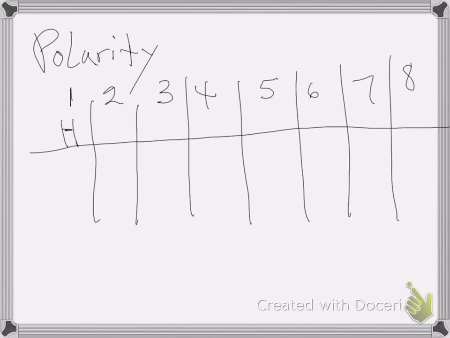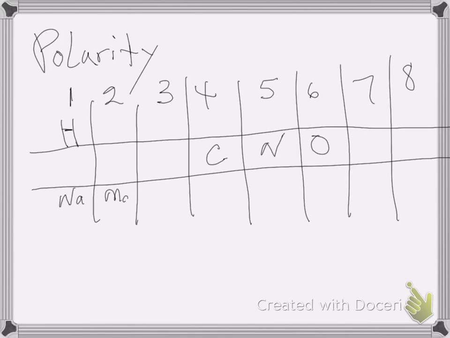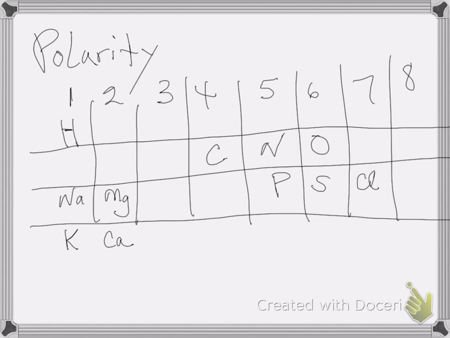So we need carbon, nitrogen, and oxygen. I think that's all we need. In the third row, we need sodium and magnesium. We also need phosphorus. We'll talk a little bit about sulfur, even though I didn't assign it, and chlorine. And then in the fourth row, we're going to get potassium and calcium, and we're going to stop there.